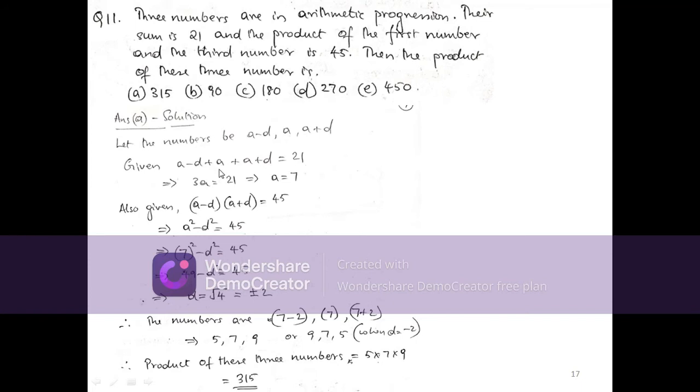The minus D and plus D get cancelled. So A plus A plus A, that is 3A, equal to 21. So A equals 7.